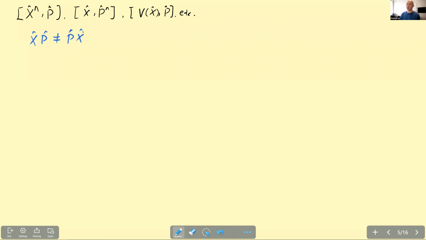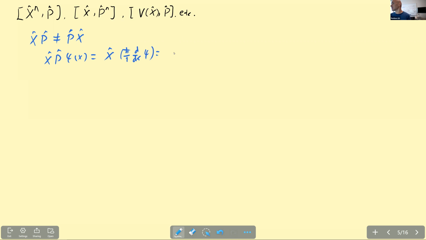So you act these on a function, and specifically, you know that X P acting on psi equals x times h bar over i, d over dx of psi.